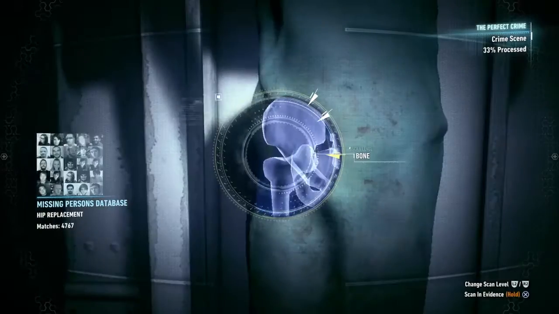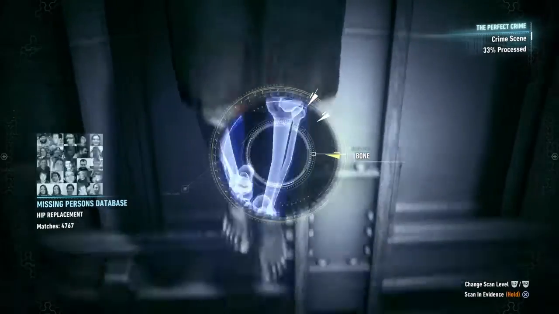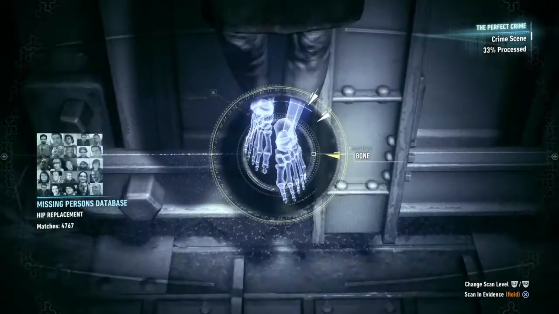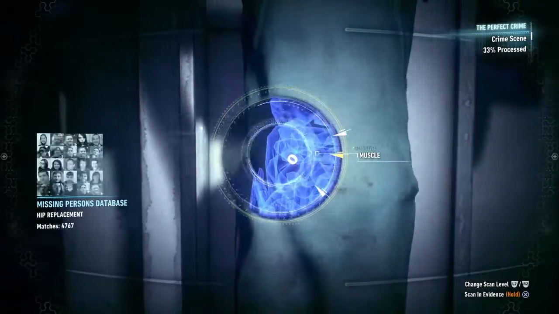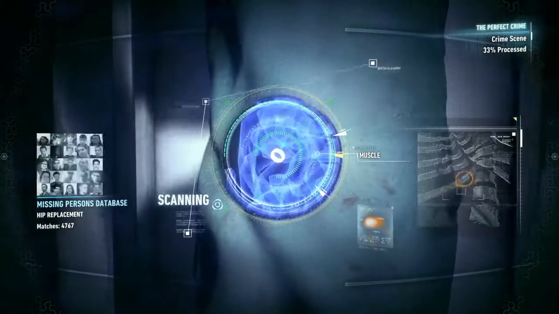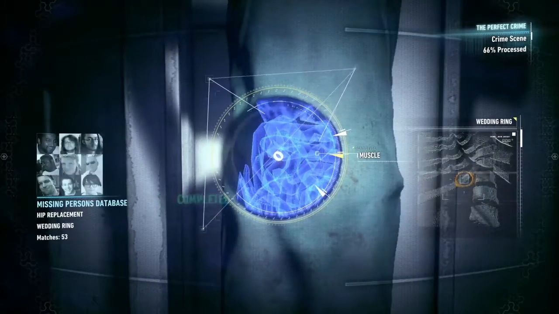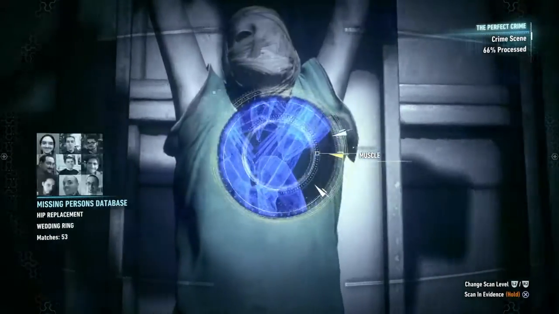Scar tissue hasn't fully healed, so it must have been recent. A wedding ring in the lower intestine. The inscription reads, Ophelia.